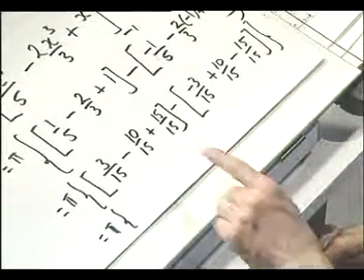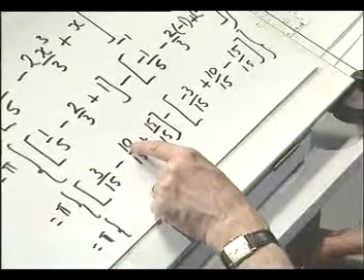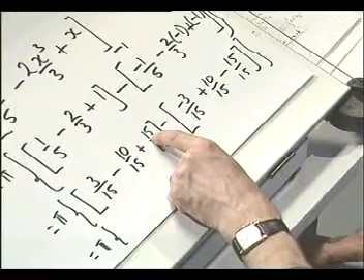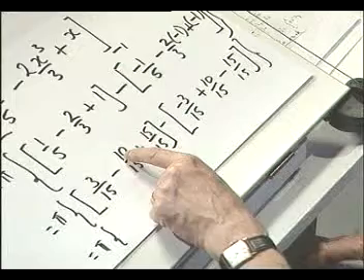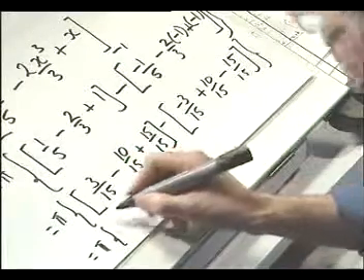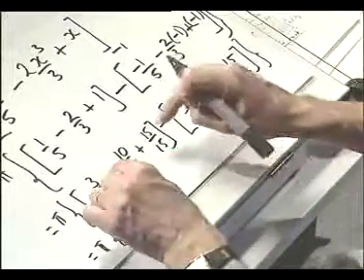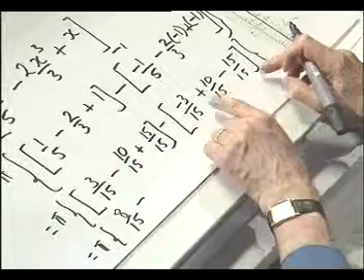times, now let's have a look at these. We've 3 fifteenths take away 10 fifteenths plus 15 fifteenths. So the 3 and the 15 give us 18, take away 10, that's 8 fifteenths. So that's got that one sorted. Minus, now let's have a look at this.